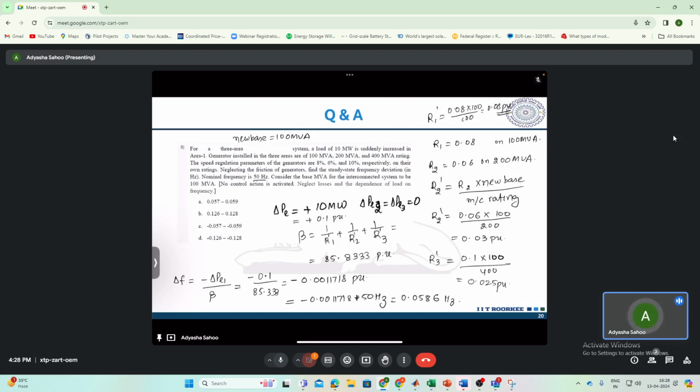So I think option A is correct here. Minus 0... no, it is minus, so option C.